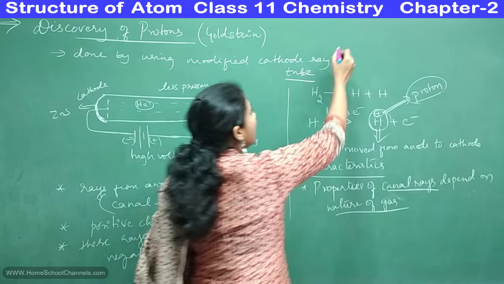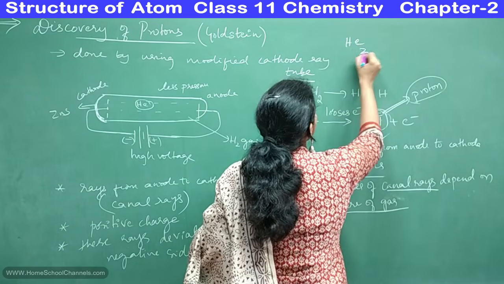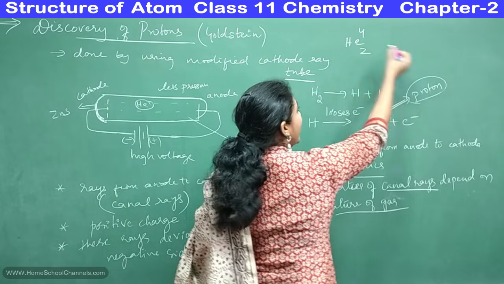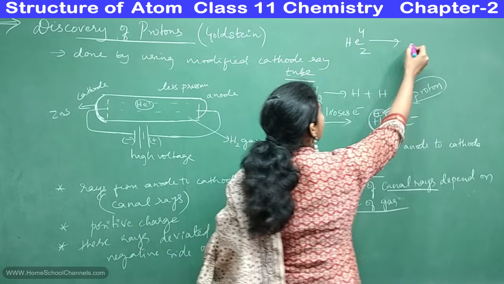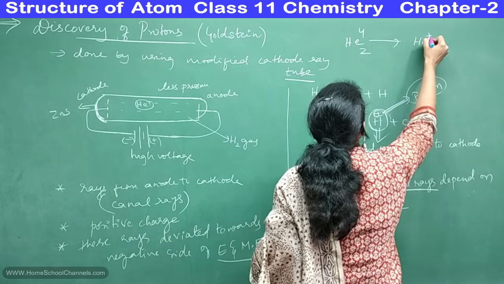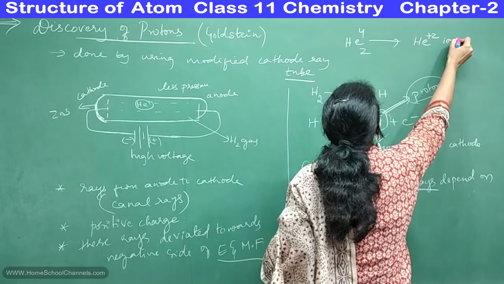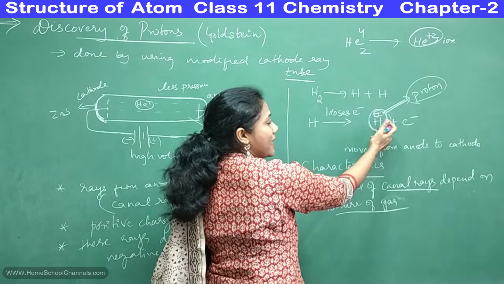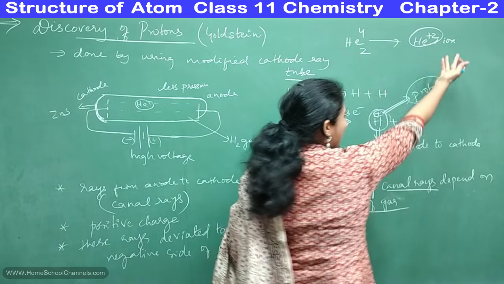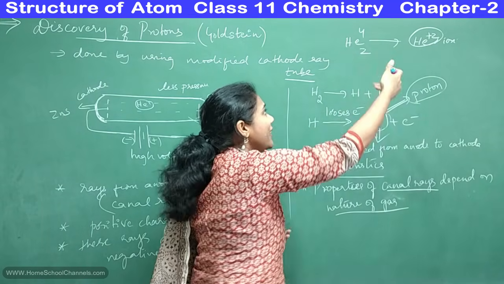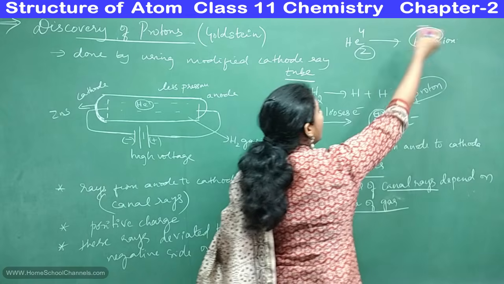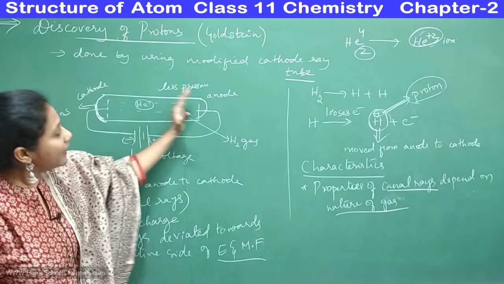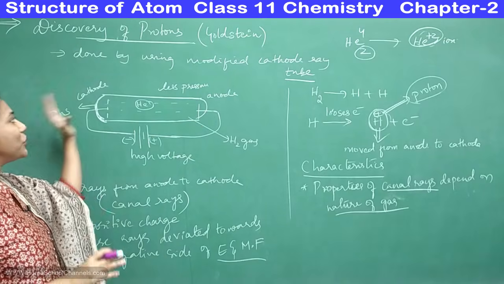Helium has atomic number 2 and mass number 4, right? So this helium will lose 2 electrons and you will get the He plus 2 ion. If it loses 1 electron, you get 1 plus. If it loses 2 electrons, plus 2. Helium has 2 electrons, so on losing them, you get the ion. It is the He plus 2 ion that would move from anode to cathode.